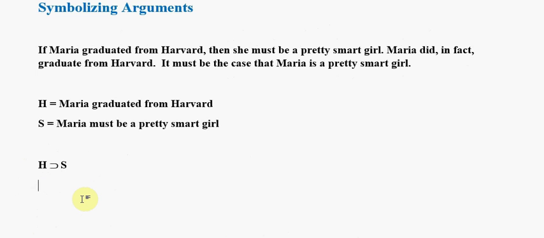Okay, the second premise says that Maria did in fact graduate from Harvard. Okay, well that's another way of just saying Maria graduated from Harvard, right? Which is the H. So we need to have that second premise symbolized separately from the first premise being the conditional statement. And we could do that by putting an H under the first premise, right?